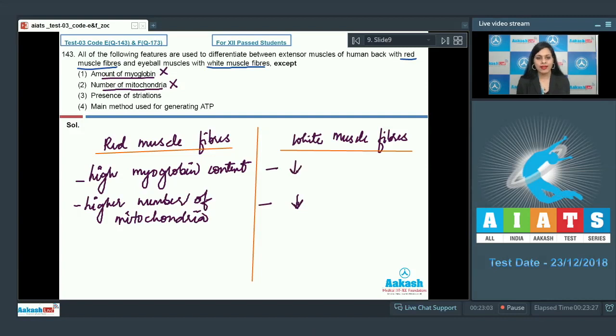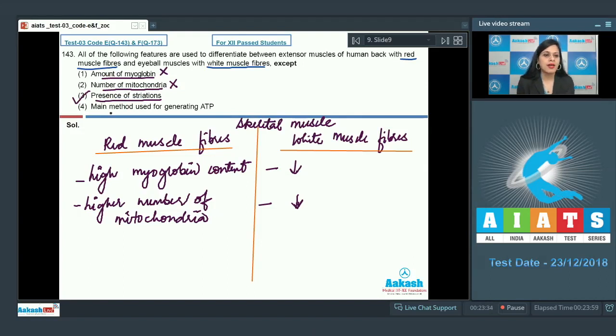White muscle fibers have low myoglobin content, and the number of mitochondria is also less. The next option given is presence of striations, and based on this we cannot differentiate between red and white muscle fibers because both are skeletal muscle fibers and both exhibit striation. So this is the correct answer to our question.